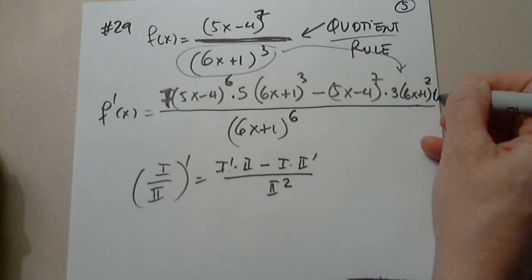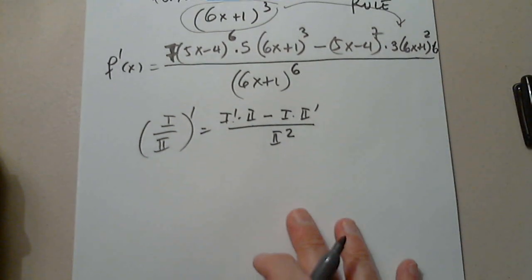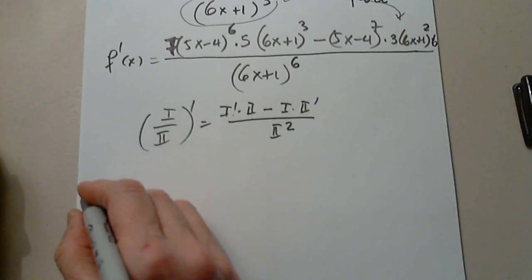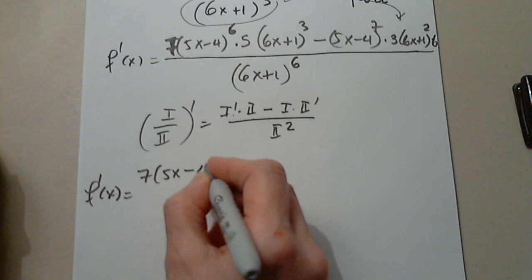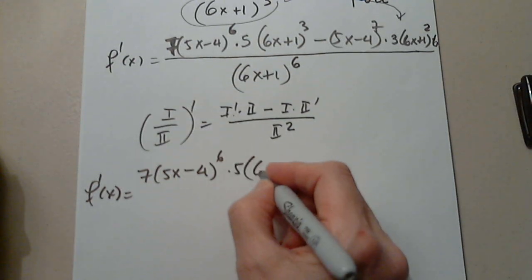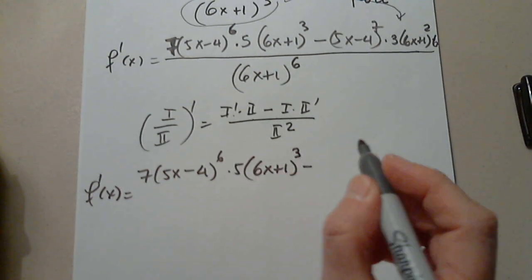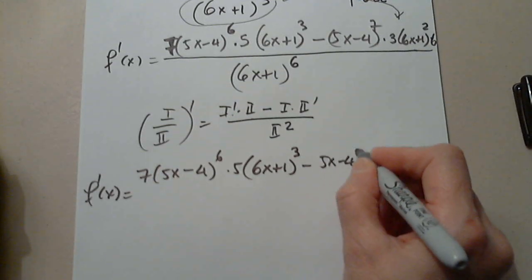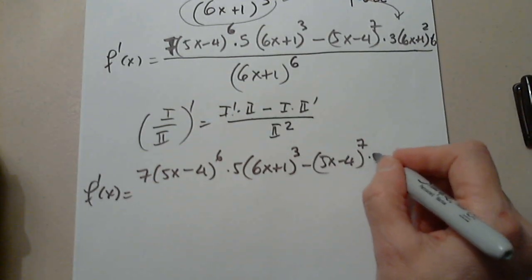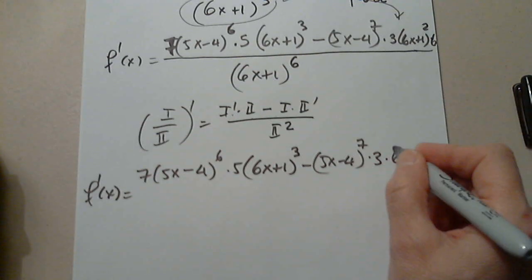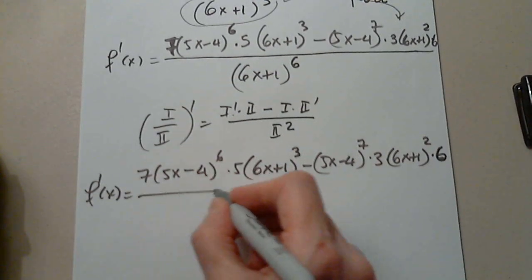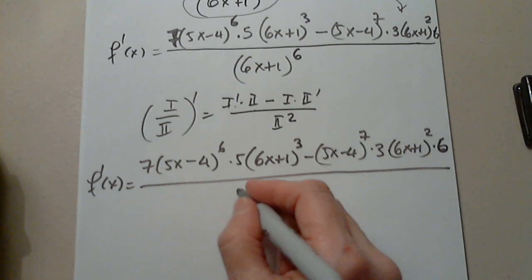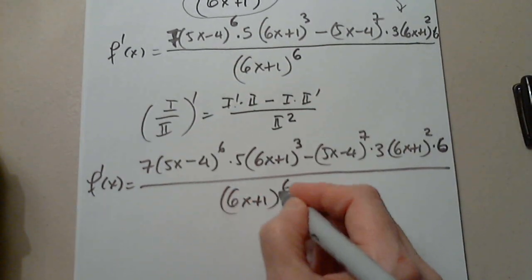Sorry about that. It's squeezed in there, so I'm going to write it one more time. 7 times 5x minus 4 to the 6th times 5 times 6x plus 1 to the 3rd, minus 5x minus 4 to the 7th times 3 times 6x plus 1 squared times 6, everything divided by the denominator squared, which is 6x plus 1 to the 6th.